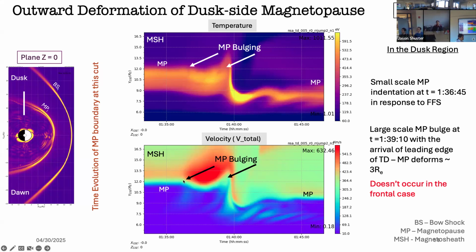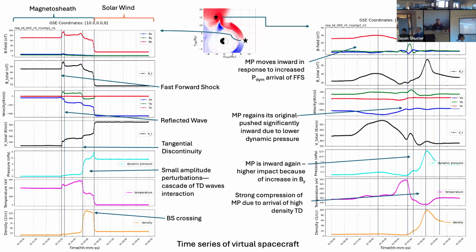The small scale bulge is about 0.5 RE, but this one is typically 3 or 4 RE, which is huge in the magnetosphere. Now, if we look at what a virtual spacecraft would observe at these specific locations.